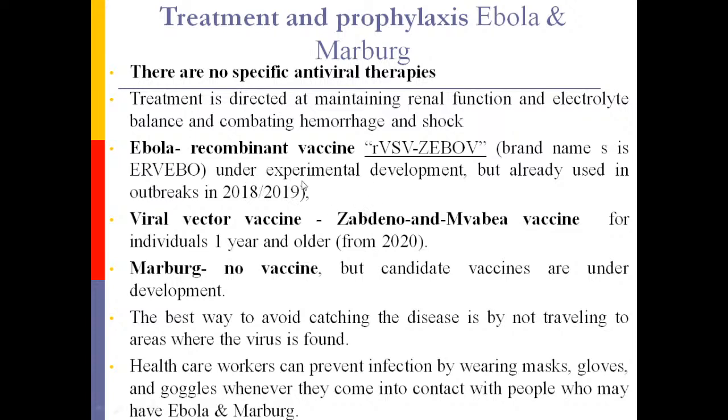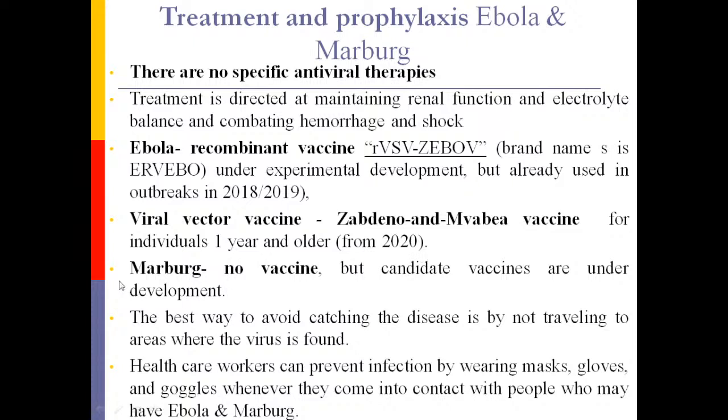This vaccine is under experimental development, but it was already used in the last outbreak in the Congo in 2018-2019. And there is a viral vector vaccine, Zabdeno and Mvabea, for individuals who are 1 year and older. It was made less than 2 years ago.